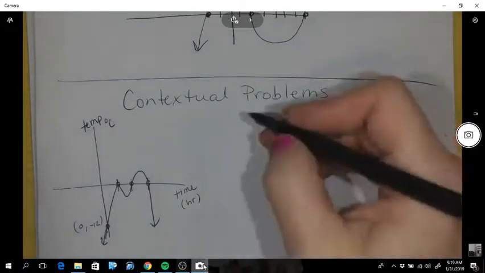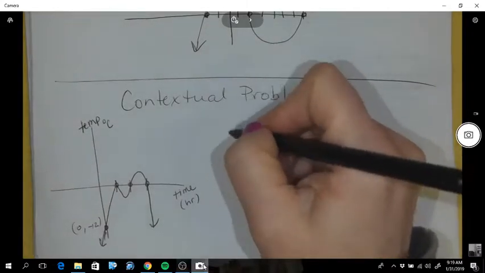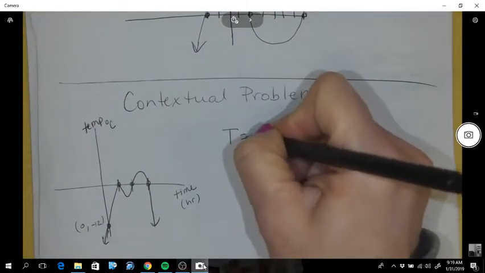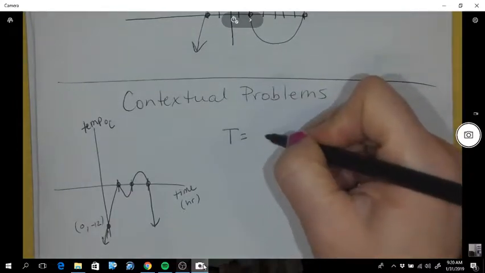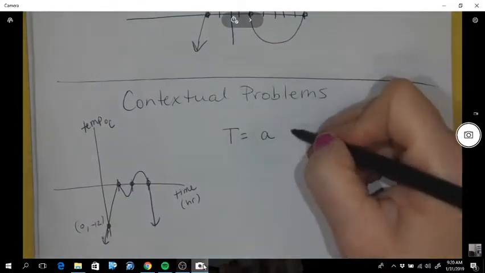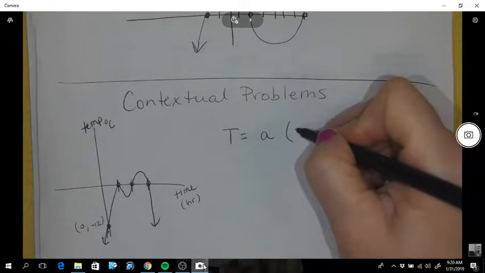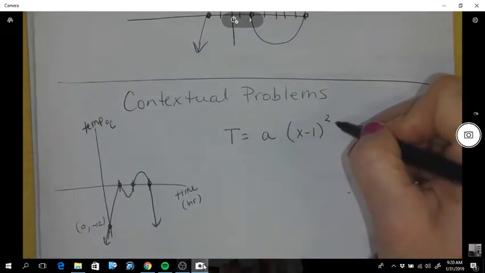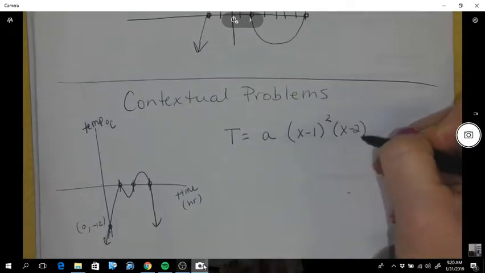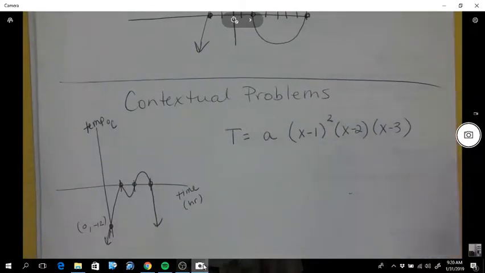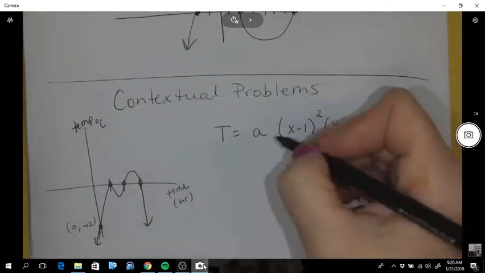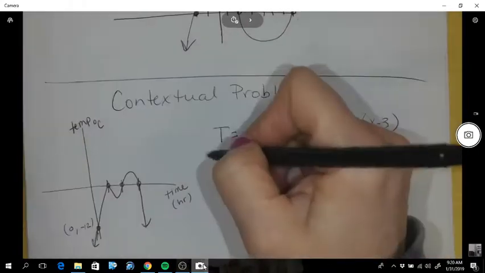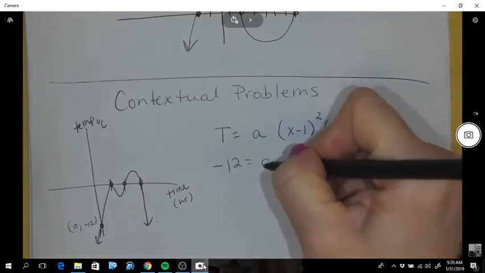Let's make an equation. Okay, so let's go the temperature equals, we don't know the coefficient, we know the intercepts are 1 and it's a bounce, and 2 and 3. Then we know that at 0 the temperature is -12. So let's figure out the coefficient.